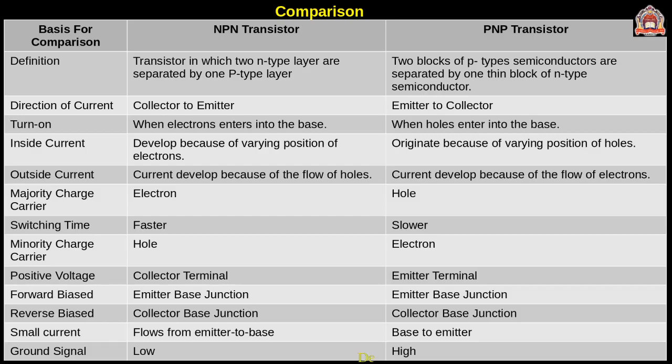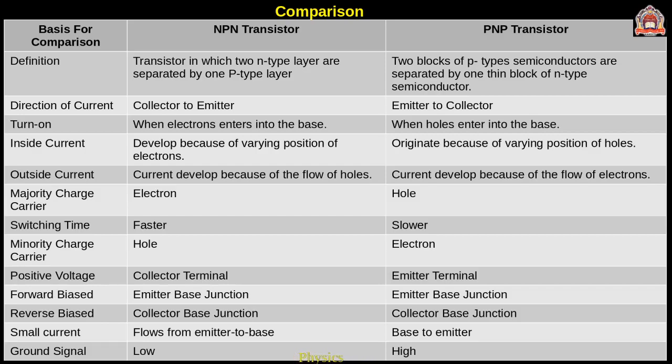Inside current of the NPN transistor develops because of the varying position of electrons. In the PNP transistor, the inside current originates because of the varying position of holes. Outside current develops because of the flow of holes in the NPN transistor, whereas in the PNP transistor, current develops because of the flow of electrons.